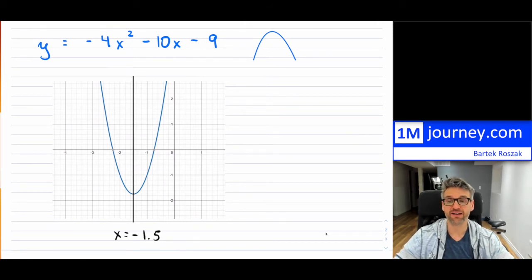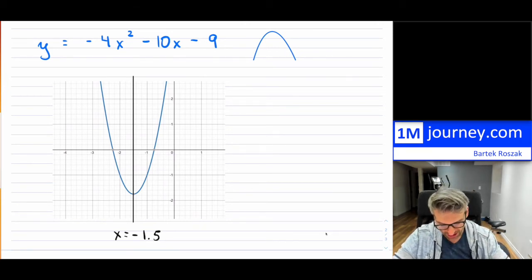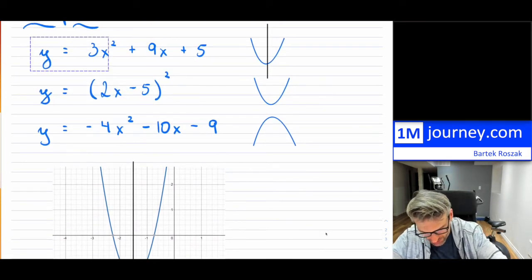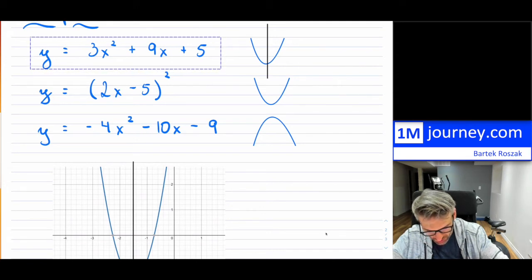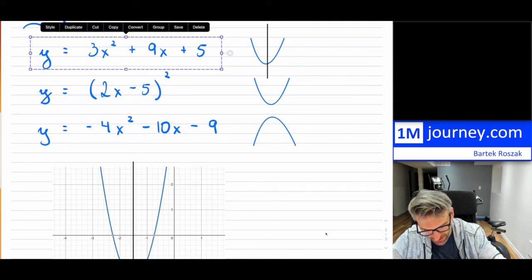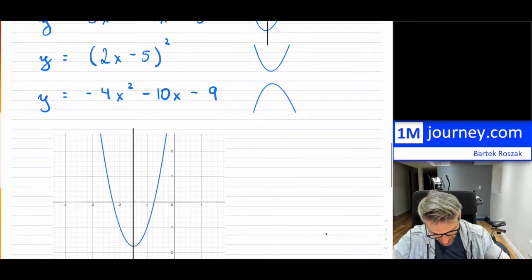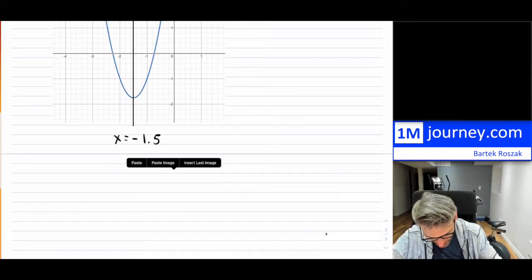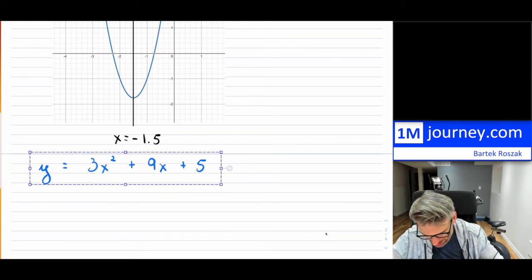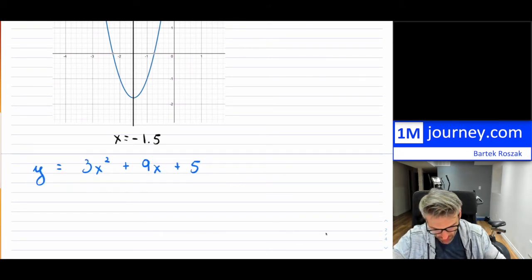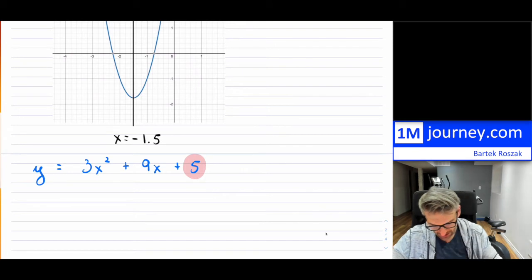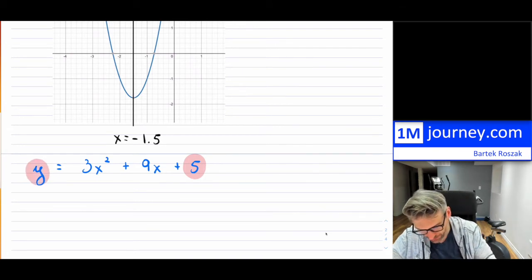But if you don't have a graph, then you have to have a strategy to be able to find it. When I work with these, one of the easiest things to do, now there are different methods of doing this, but if you haven't talked about how to complete a perfect square and how to work with these quadratics, one of the easiest things to do is take your c, whatever your c is, and set y equal to c.